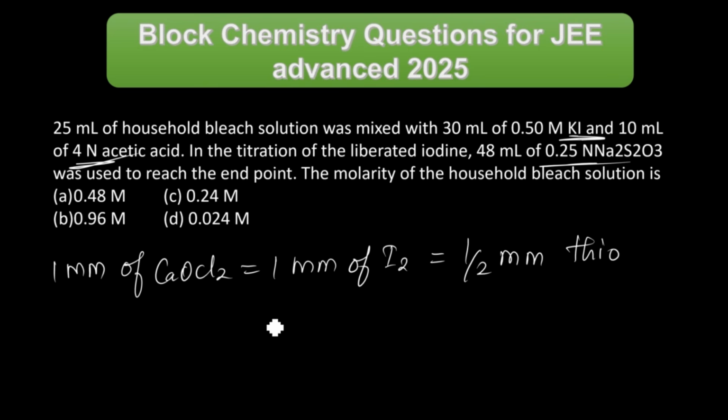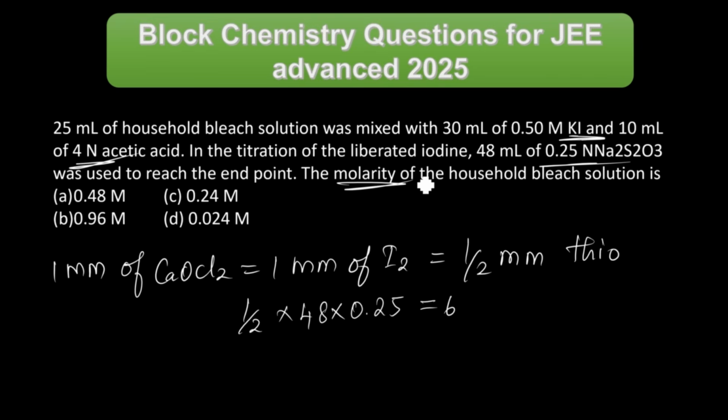Thio normality is given as 0.25, 48 ml. So half of 48 ml, because that is the amount used for the end point. That's why I pick out thio. So 48 into 0.25 normal, which is 6 millimole of bleach solution is used.